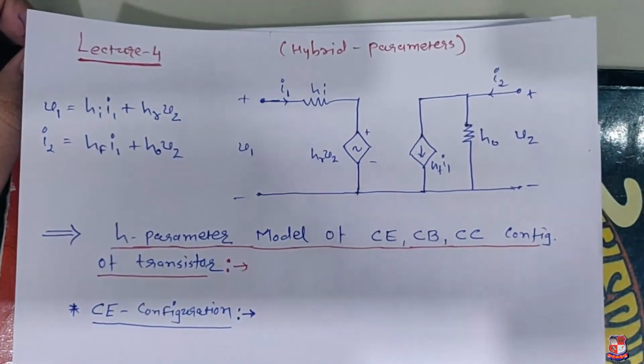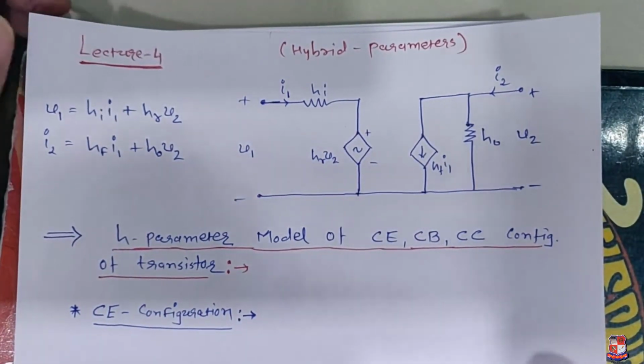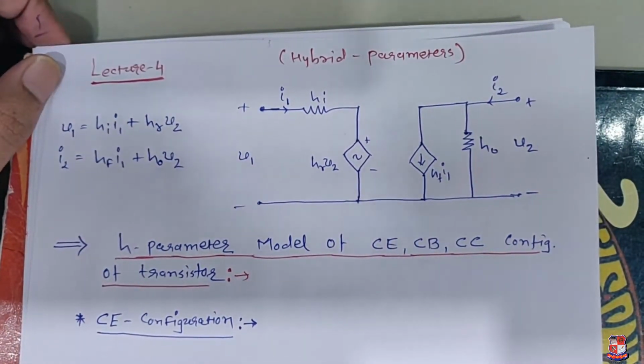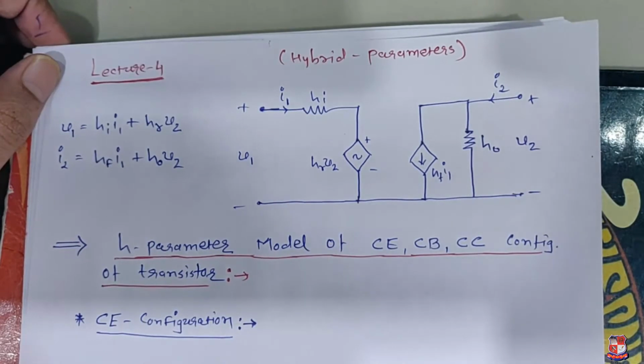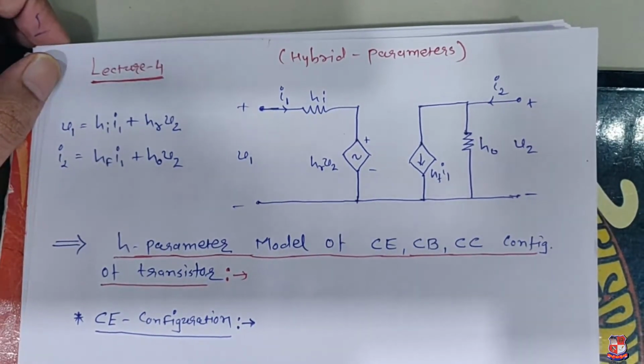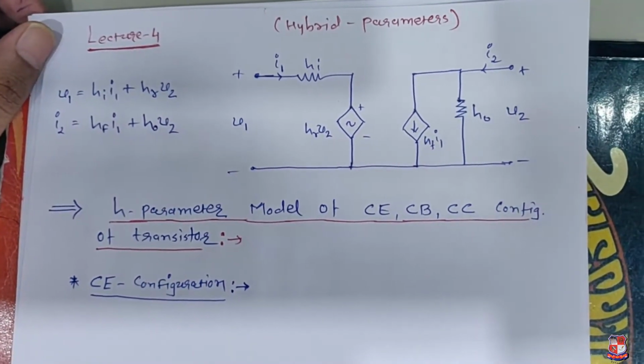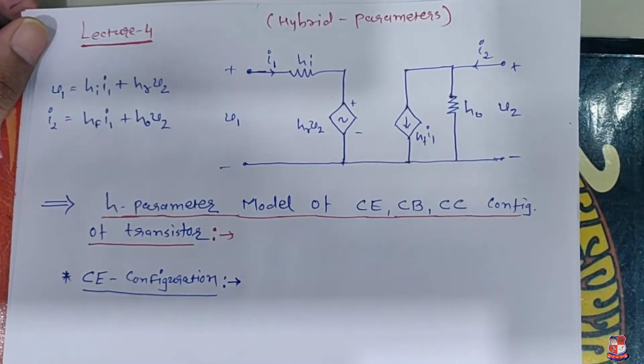Hello everyone. Today we are going to discuss lecture number 4 of hybrid parameter, chapter 5 of ECA subject. The topic of lecture number 4 is H parameter model of CE, CB and CC configuration of the transistor.